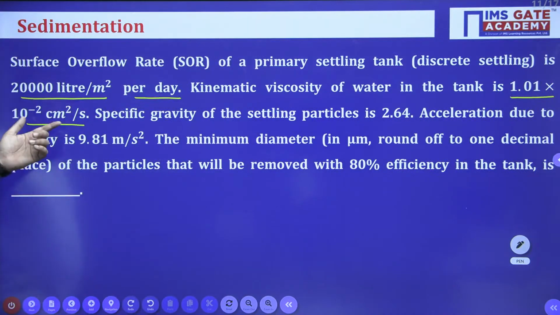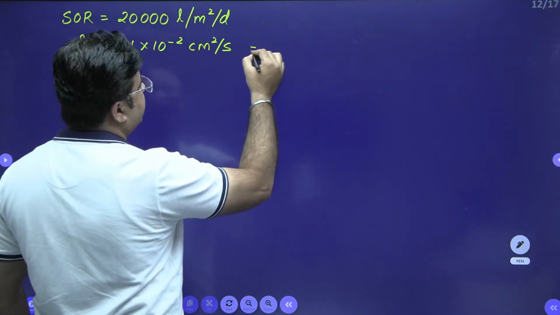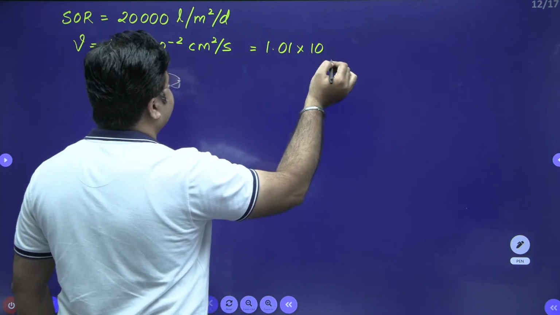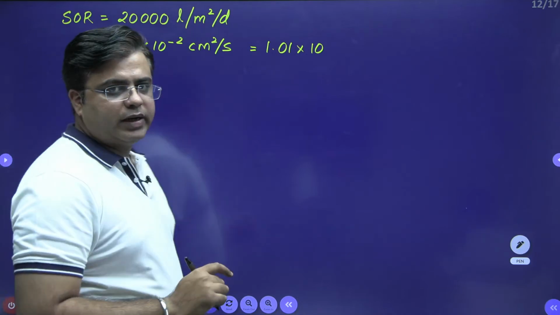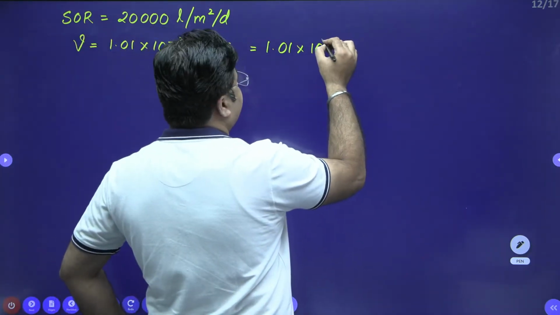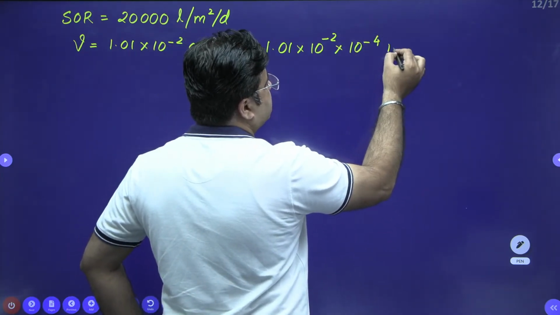So when you convert this into meter square per second, when you convert centimeter square into meter square, it will be 10 raised to power minus 4. So this is 10 raised to power minus 2 multiplied by 10 raised to power minus 4 meter square per second.